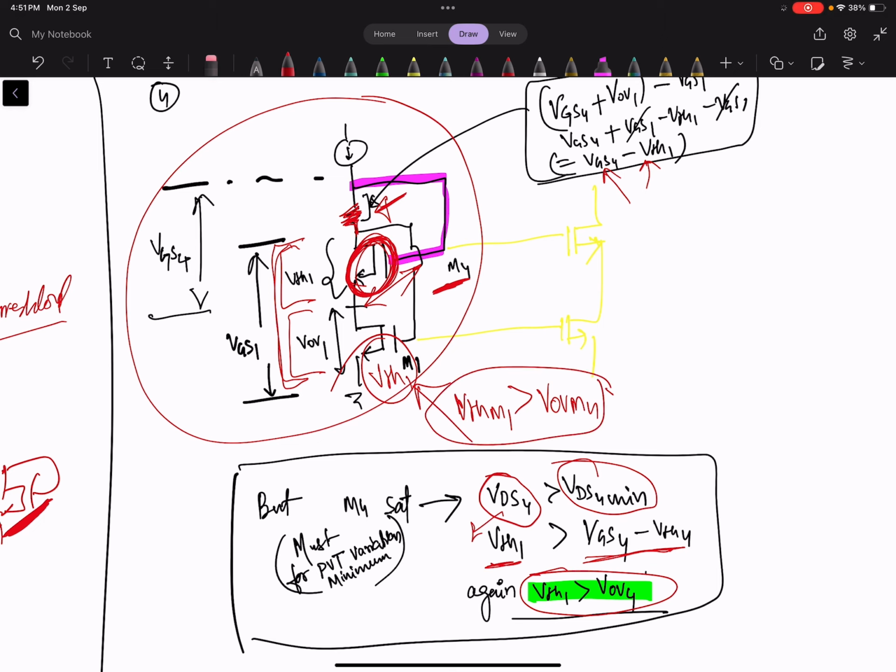Okay, so this has to be maintained. So what does it mean? It means that the difference between VGS4 and VTH4 should be minimum. We cannot make VGS4 very high. We have to keep this voltage low, near to the threshold. Then only we can use this as a current reference circuit.